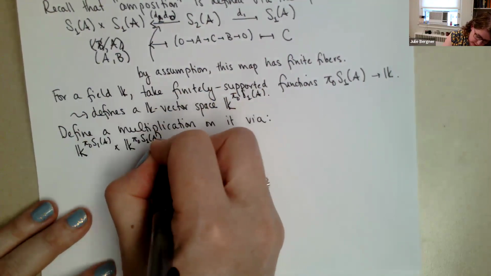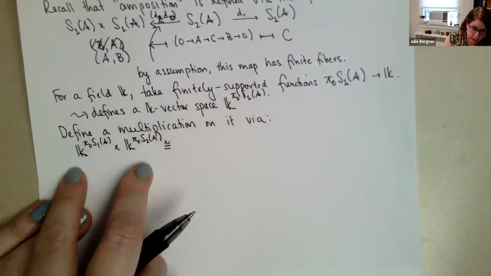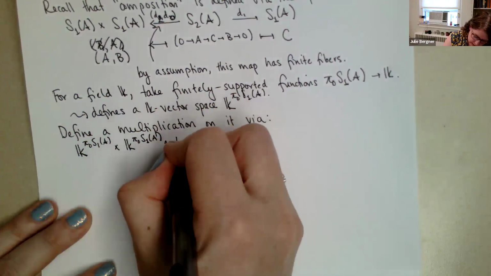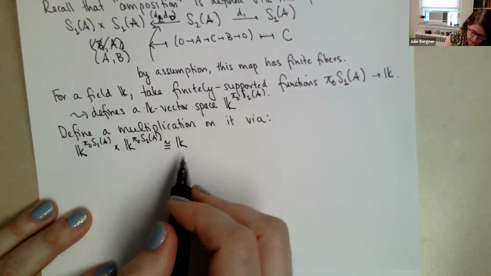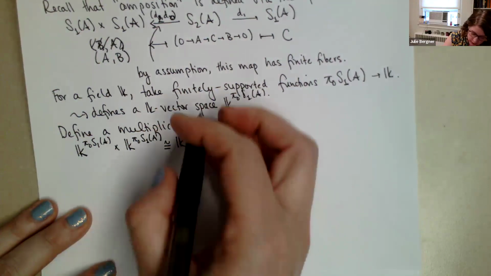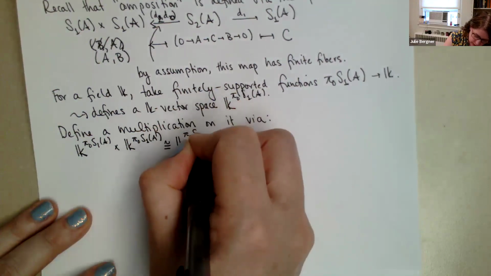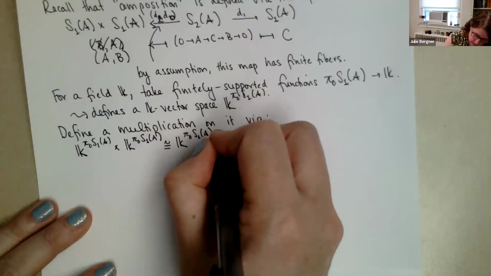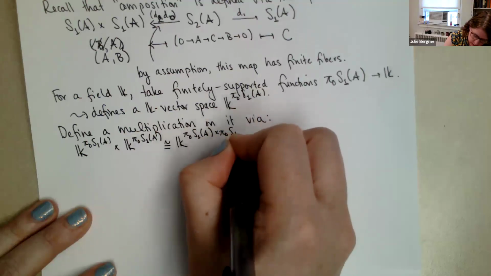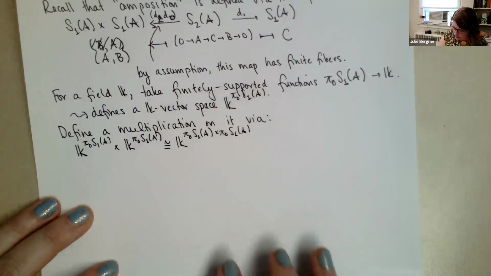And observe that this product algebra is isomorphic to where I instead took functions from the product of pi 0 S1 of A with itself, and then mapped that into K.